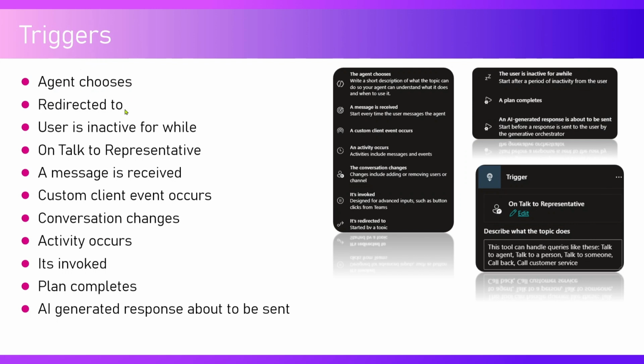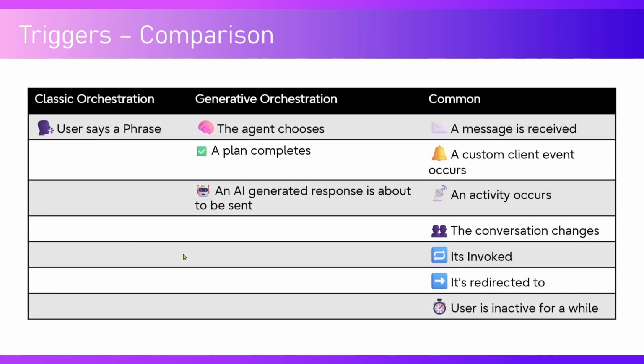So agent chooses, redirected to, user is inactive for a while, message received, conversation changes, it's invoked, plan completes, AI generated response about to be sent. But before we go into that, we need to understand the segregation between these. If you have an agent which is configured from a classic orchestration perspective, you get one trigger: user says a phrase.